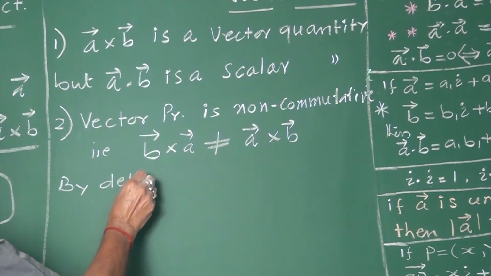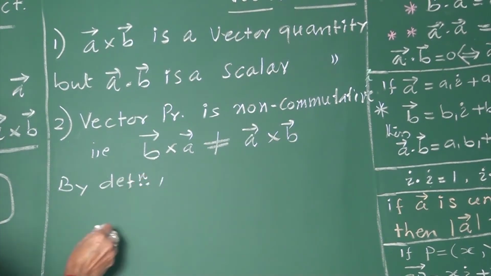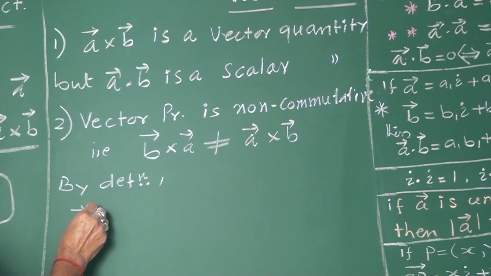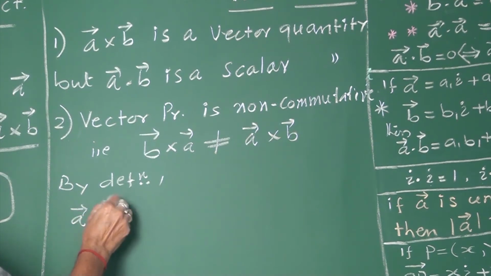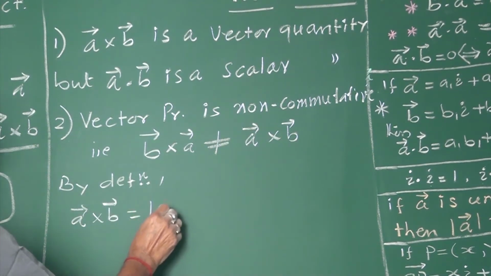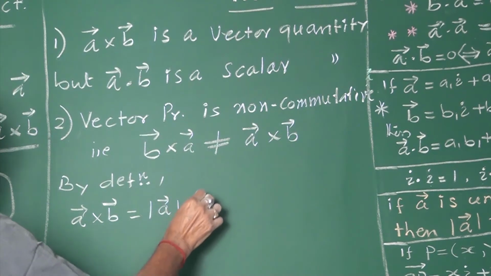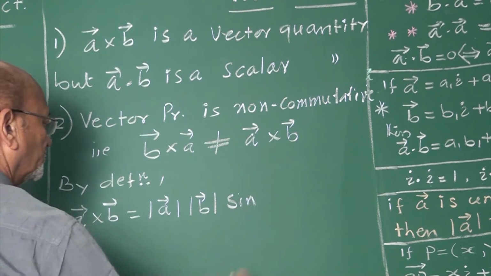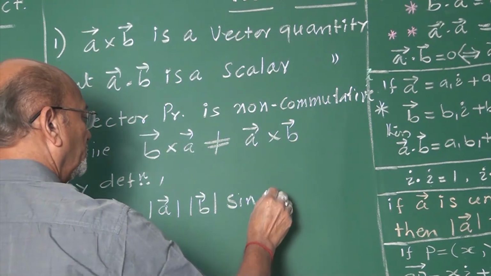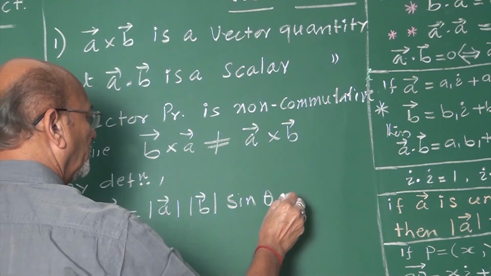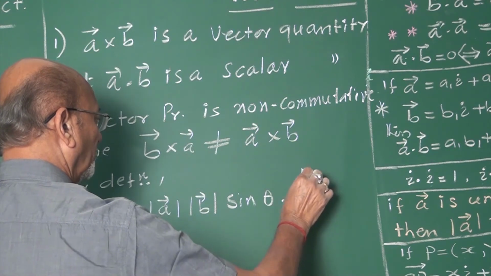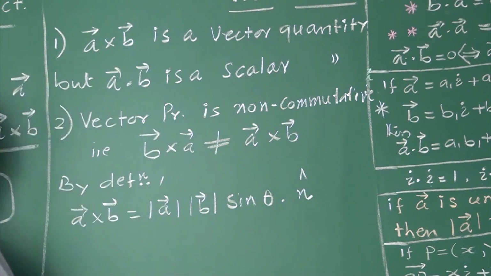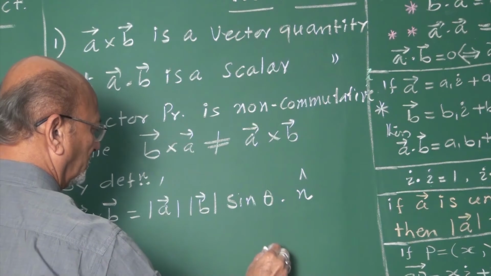By definition, A cross B is magnitude of A into magnitude of B into sine of the angle between A and B, theta, into eta cap. This is theta.